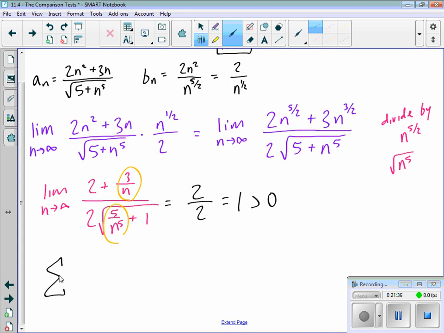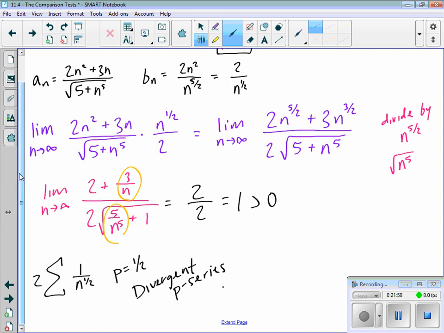We've got 2 over, so I'm just going to take the 2 out. 1 over n to the 1/2. That's a p-series. P is equal to 1/2. So what does that tell you? Diverges. So divergent p-series, or diverges by the p-series test.